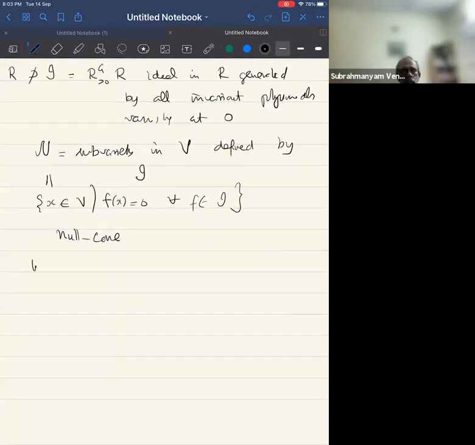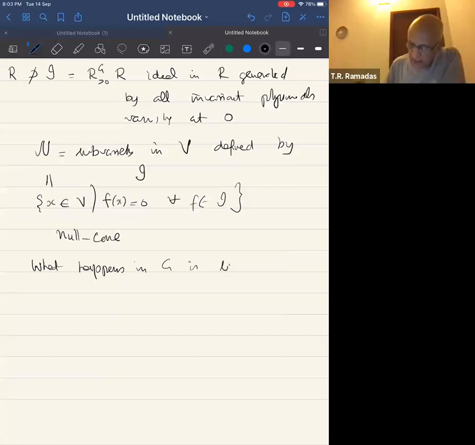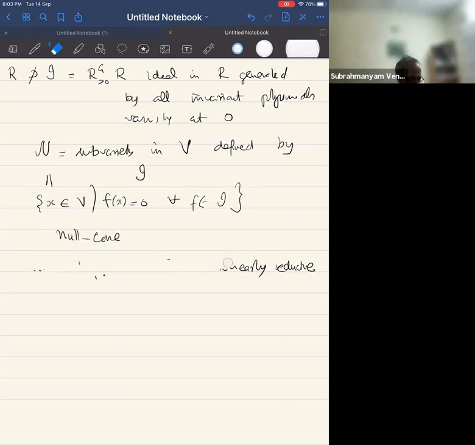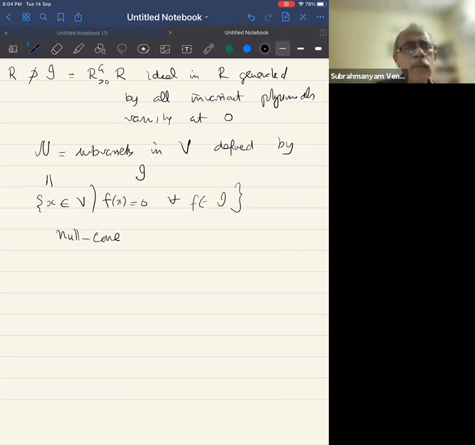Now, what happens if G is linearly reductive? Ramadas asks: when you say N is a subvariety defined by I, of course all these G-invariant polynomials are there, and so clearly, if I take any point in N, it is 0 at all these invariant polynomials. But why did you hesitate when you were trying to say that?